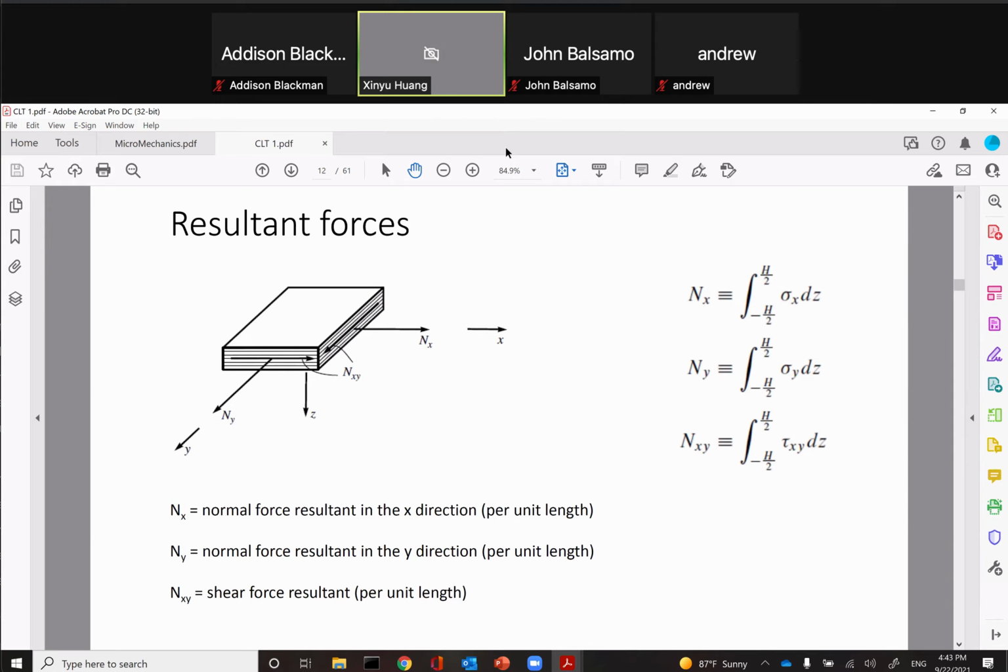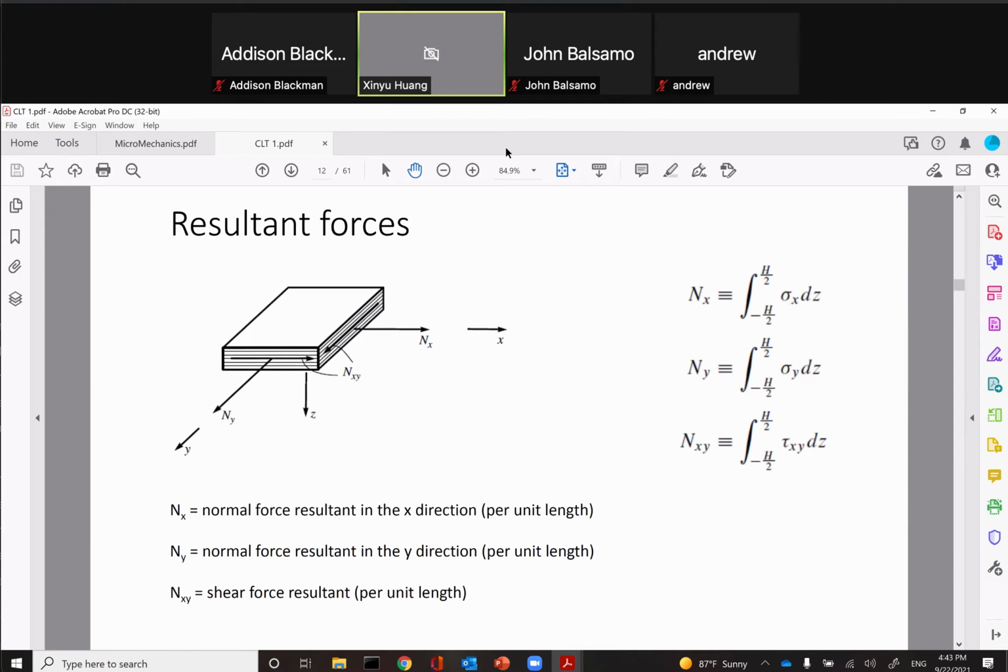Equilibrium is the sum of all the forces in certain directions matching whatever your external applied effect is. You later on use this to satisfy the boundary conditions with external loading.